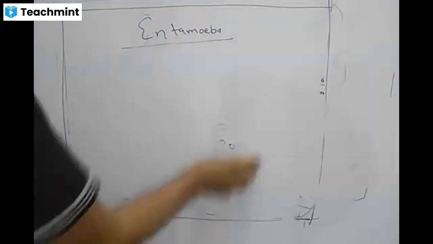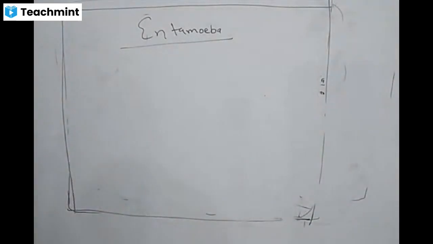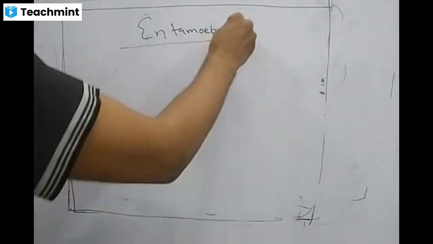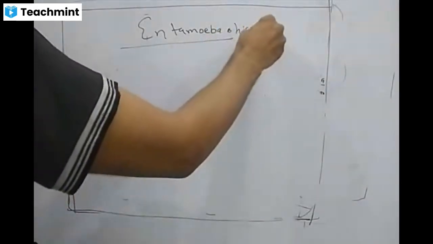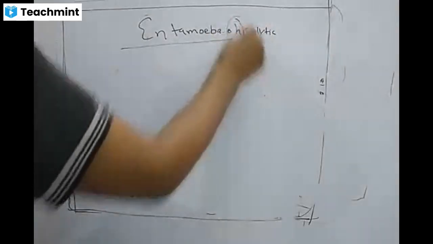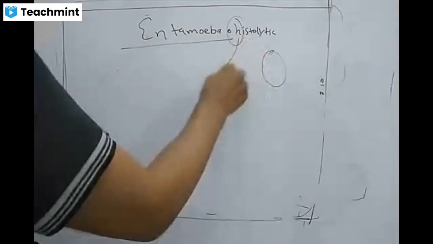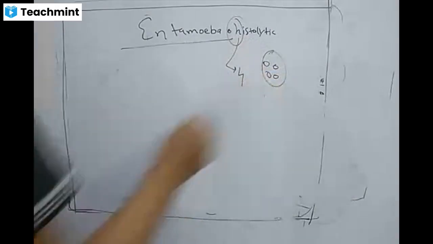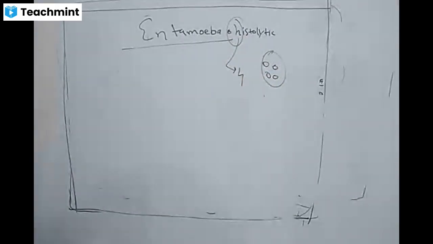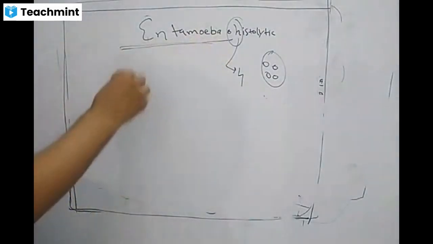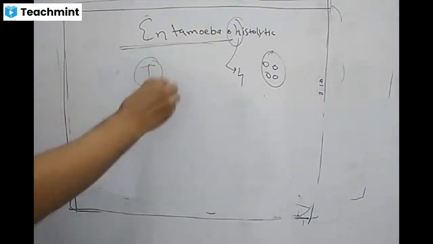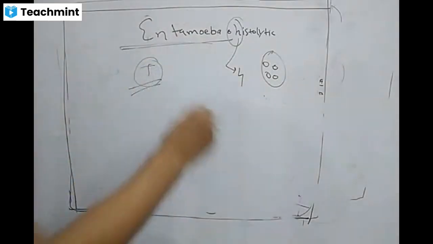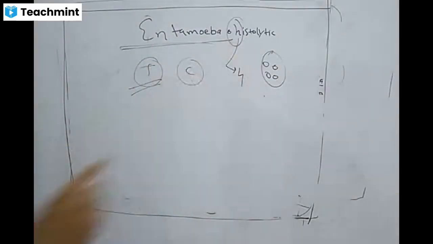So this is our target, Entamoeba histolytica. H4 means the cyst contains 4 nuclei. So in case of protozoology, if you read again and again, you will find 2 terms most commonly. One is trophozoite and another is cyst.